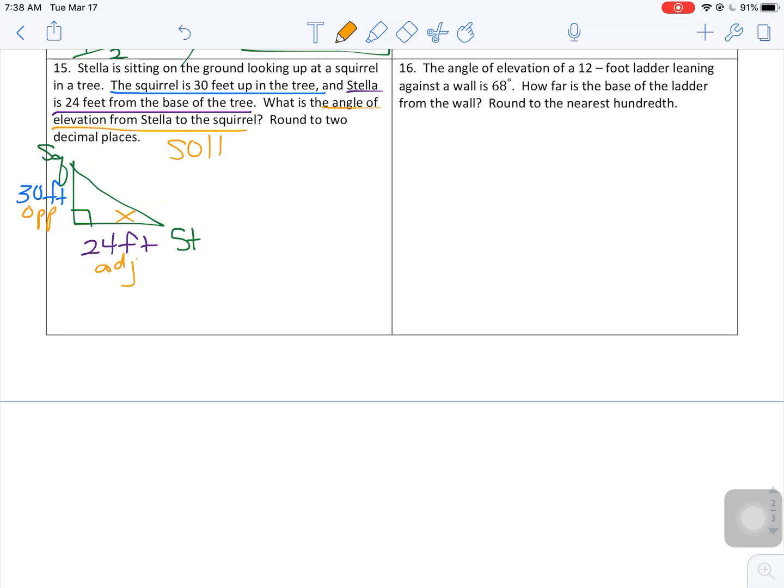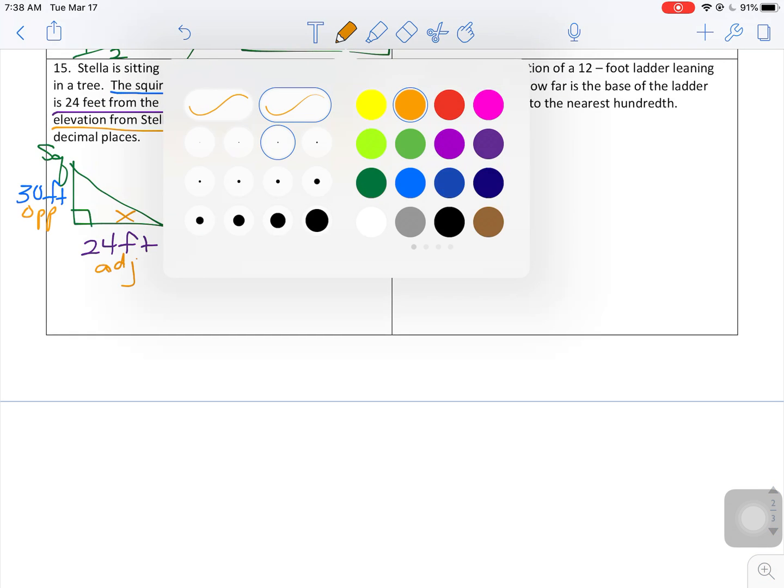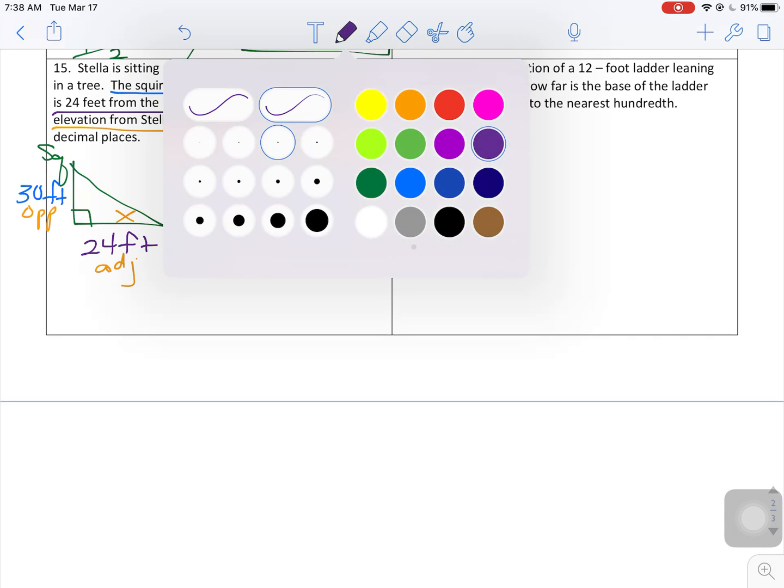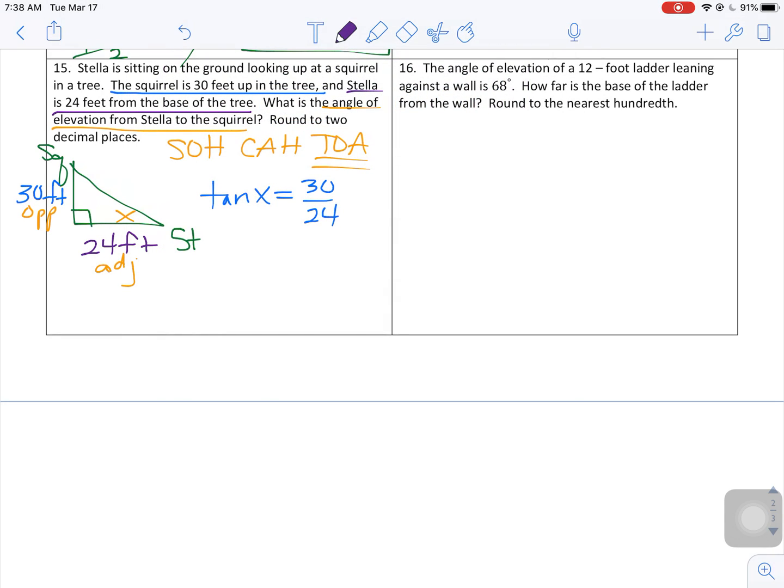From trig, we have SOHCAHTOA. So TOA is opposite over adjacent, meaning we're going to use tangent to solve this problem. So tangent x equals opposite over adjacent. Now the only way to unglue the trig function from the variable is to do the inverse trig function.